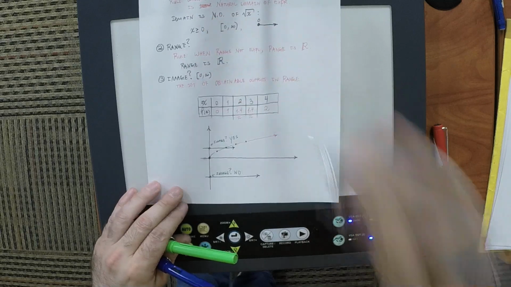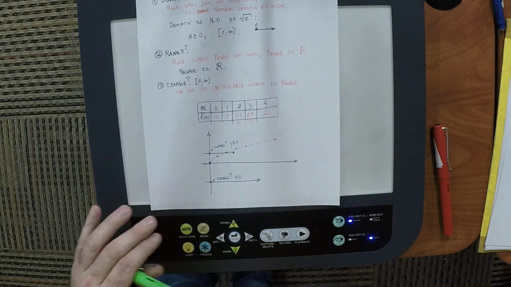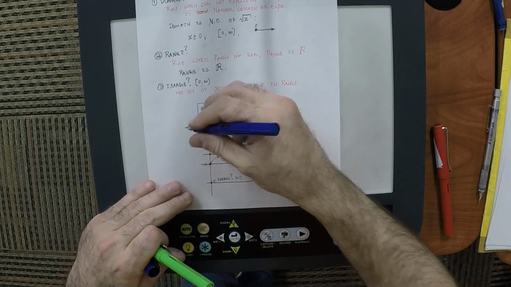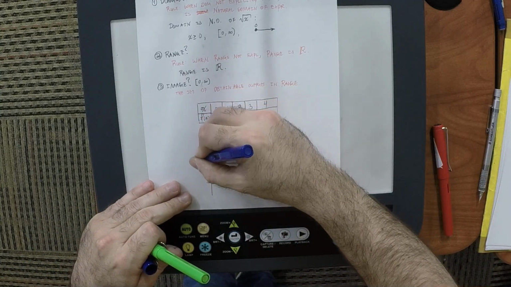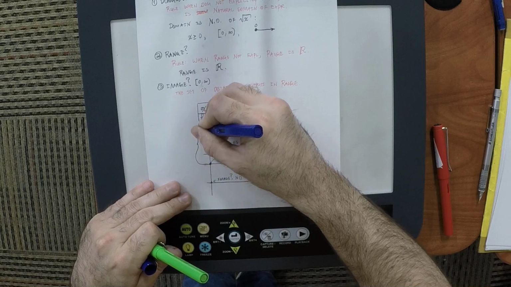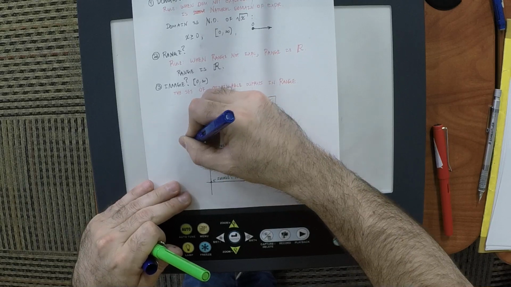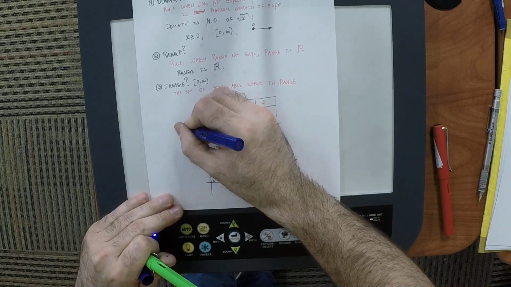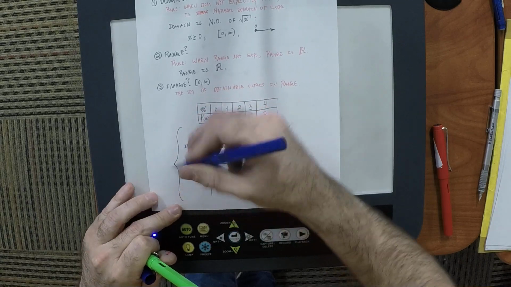Now, it's just a coincidence that the domain and the image are the same. That need not be the case. But what I am saying is that this is the image, all of this, and everything is the range.